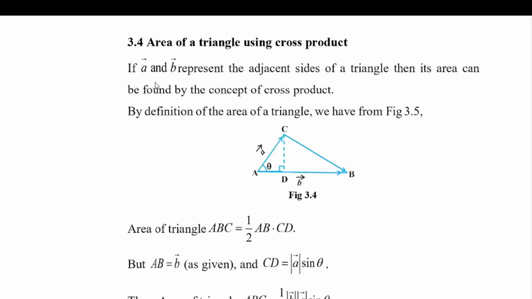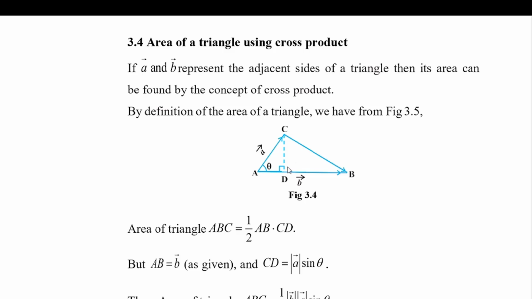Here, we are saying that if vectors A and B represent the adjacent sides of a triangle, in this case a triangle ACD, then we can find the area of this triangle by the concept of cross products.